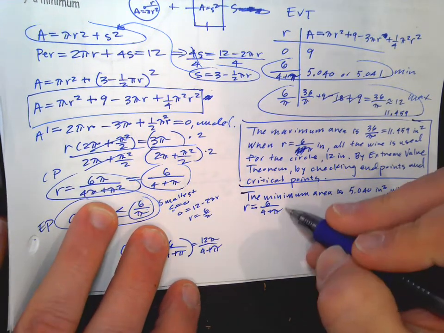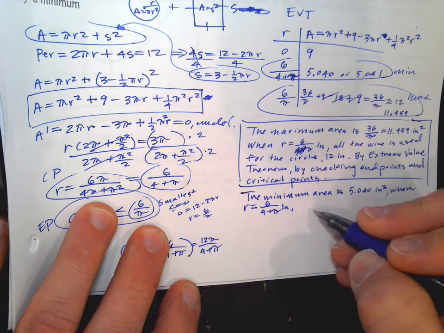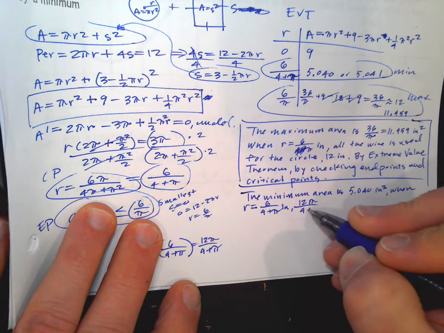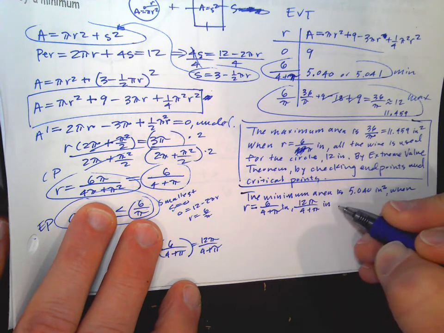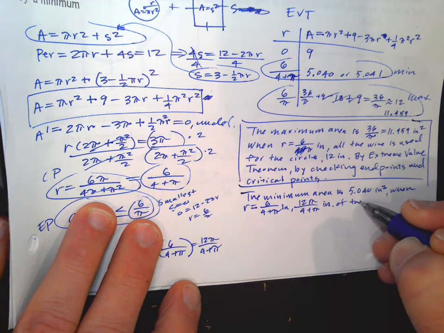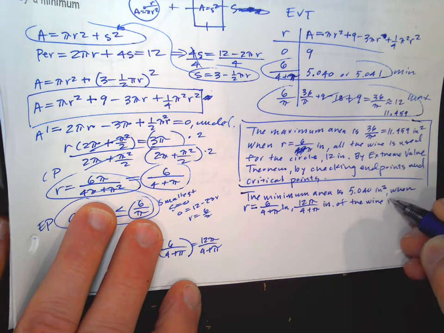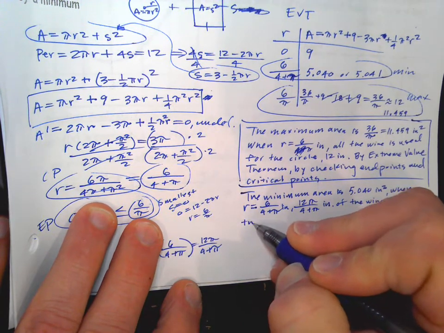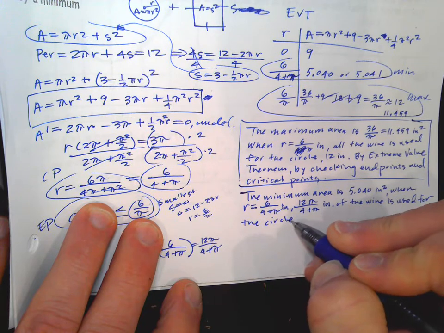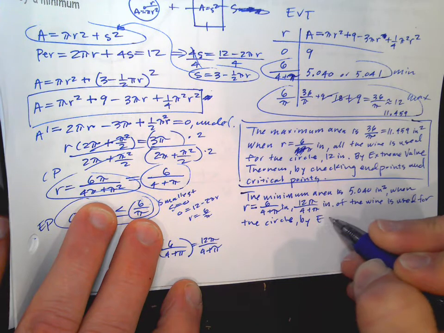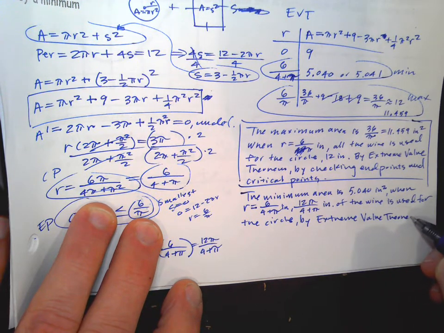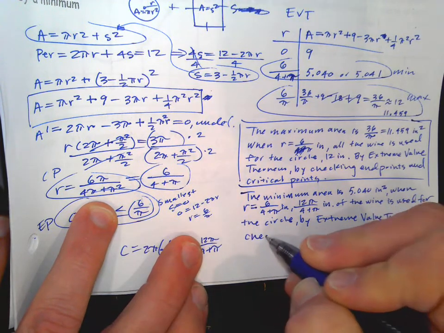So 12 pi over 4 plus pi inches of the wire is used for the circle by extreme value theorem, checking endpoints and critical points.